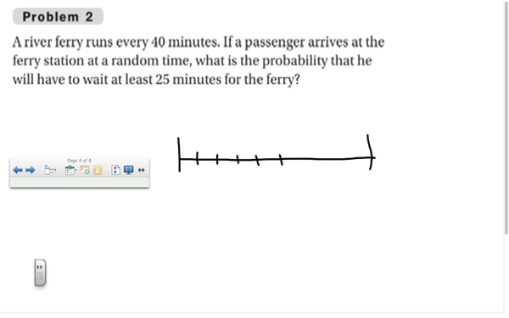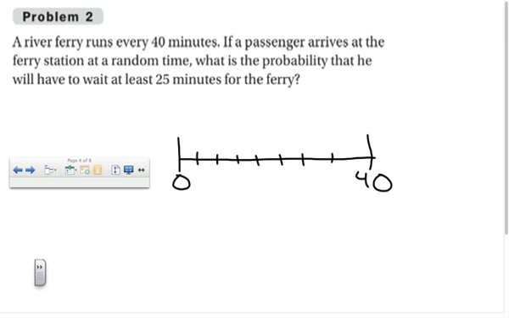So 5, 10, So the ferry runs every 40 minutes. So my timeline of 40 minutes indicates the time between those ferries arriving. So at 0, a ferry has just left, and at 40, a ferry is getting there.